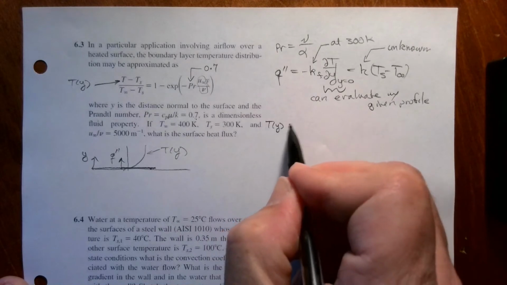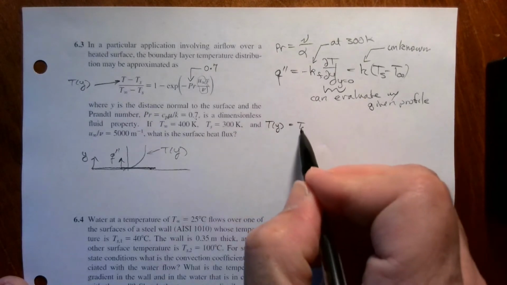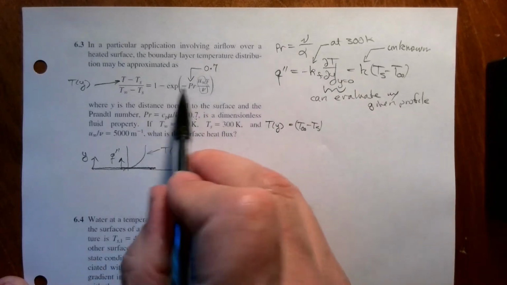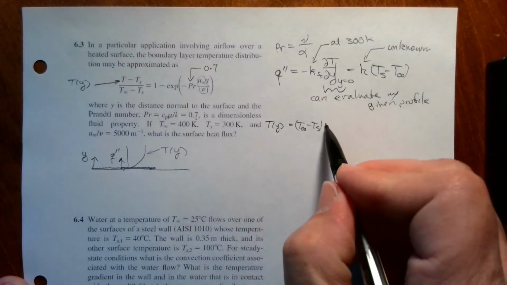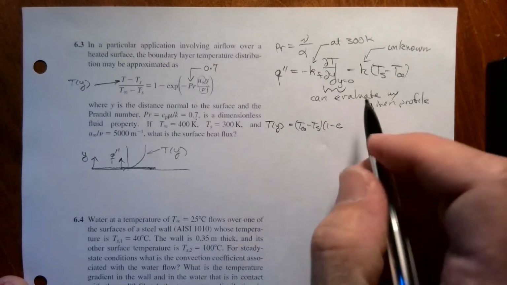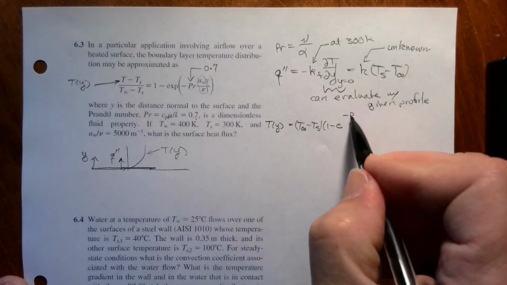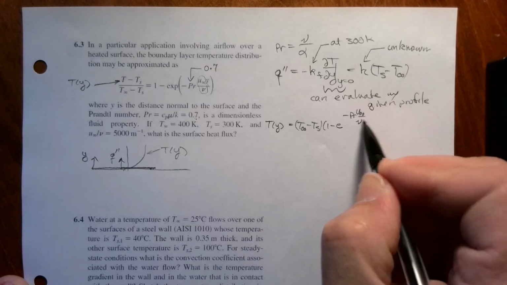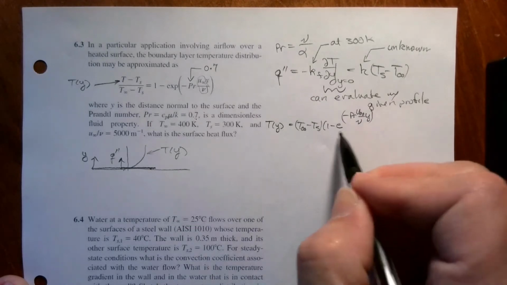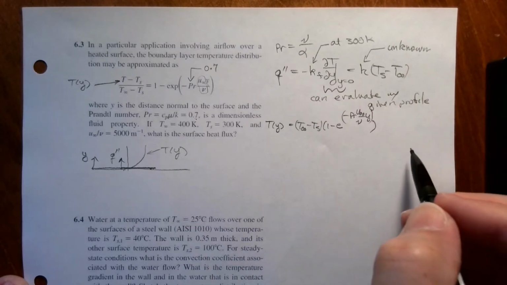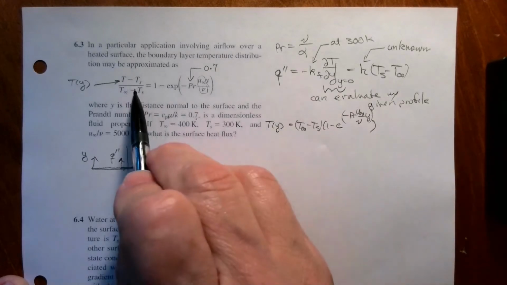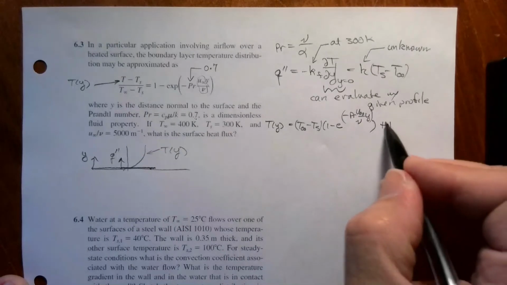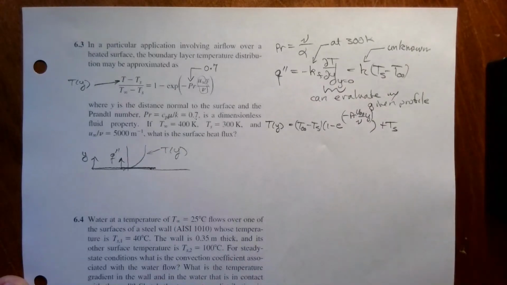T as a function of Y then is going to be equal to 1 minus e to the power of minus Prandtl number U ambient over nu times Y, all of that in that power. And then I have to move that minus over to the other side, so plus T surface.